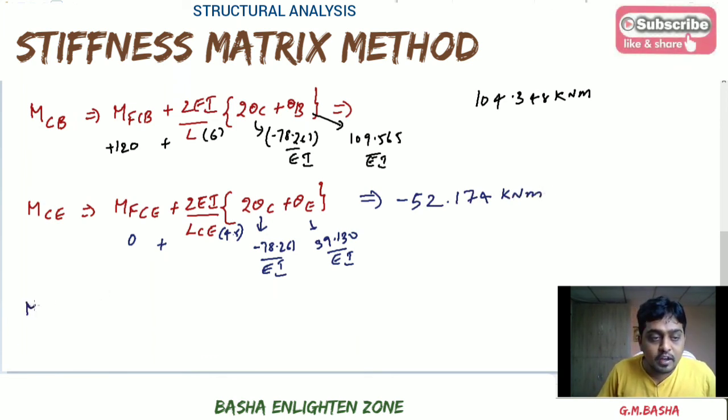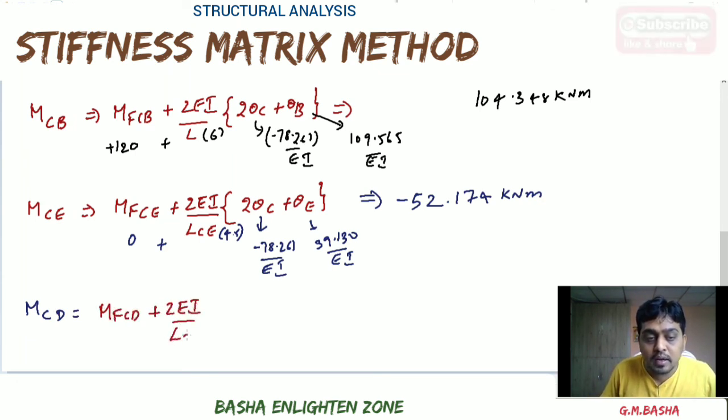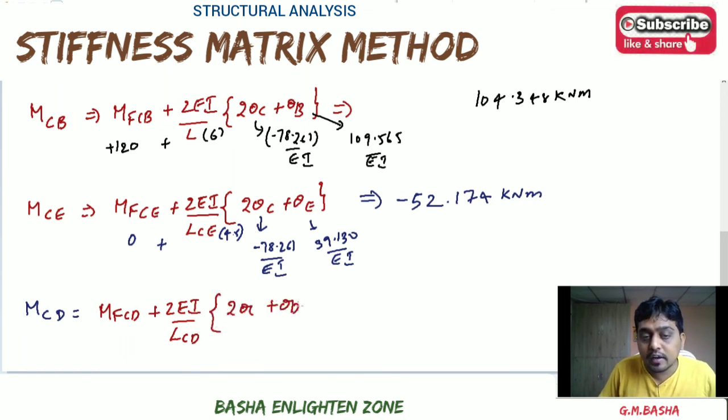In the same way, if you take down the entire formula, the final moment CD will be equal to fixed moment CD plus 2EI by length of the span CD into 2 theta C plus theta D. Here the slope at this point D will be equal to 0 because of the fixed support. You will only get 2 into this theta C value.